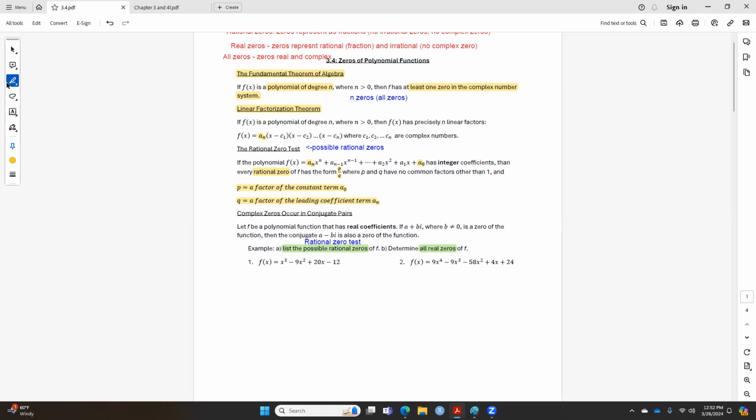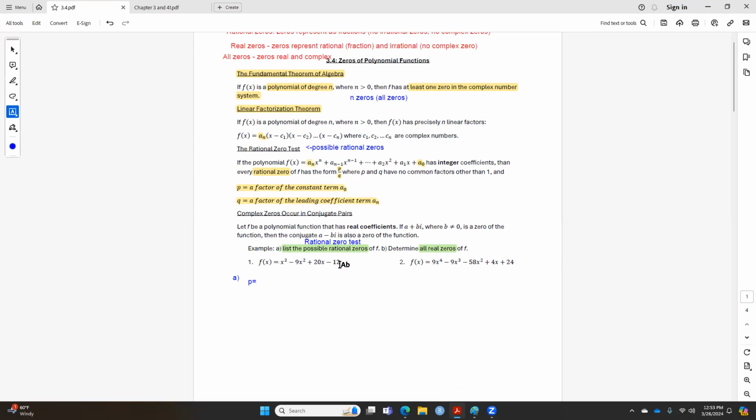Okay. An example is question number 1 here. If I want you to give me the list of possible rational zeros, what we do in this case, class, is figure out what p is. So for question A, what is p? If you look at the rational zero test, p is the factor of the constant term.